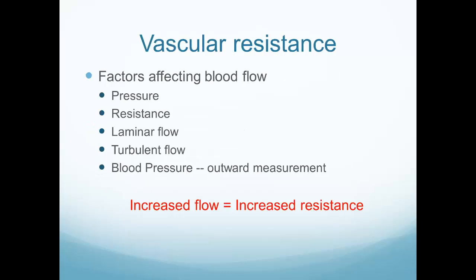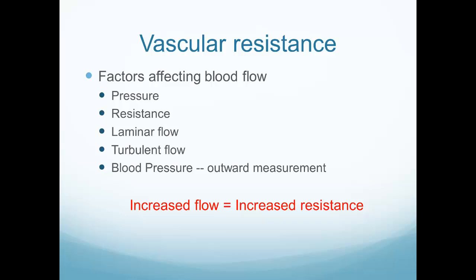Vascular resistance is another one of our components that's going to affect our cardiac output, and it can be affected by a variety of different factors, including the amount of pressure that's in the vessel to begin with, and the amount of resistance we have, that'll affect our blood flow. The resistance is going to be caused by vasodilation or vasoconstriction. Now, there's two other concepts here that we need to think about.